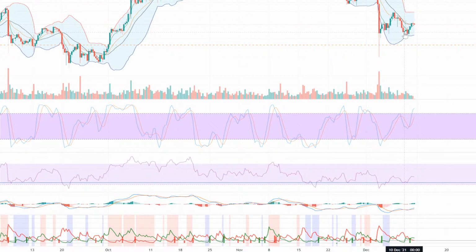This is what I call the squeeze. When there is a topping squeeze, the price goes up, it drops back down, it closes at this moment here, opens to a bearish trend, opens the next day, reverses.